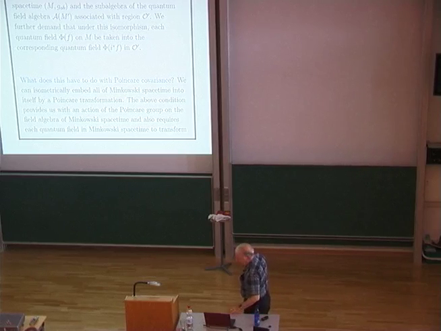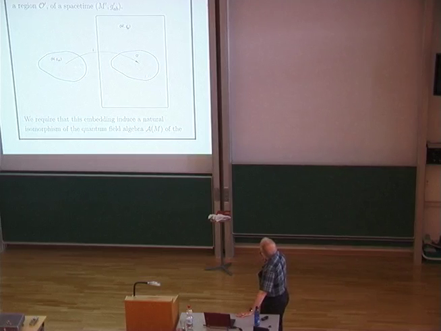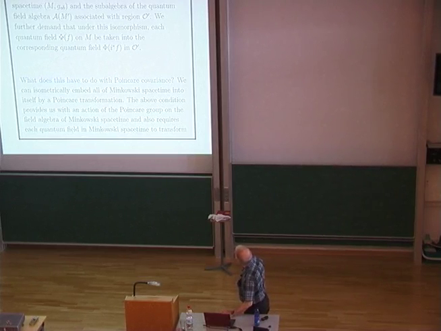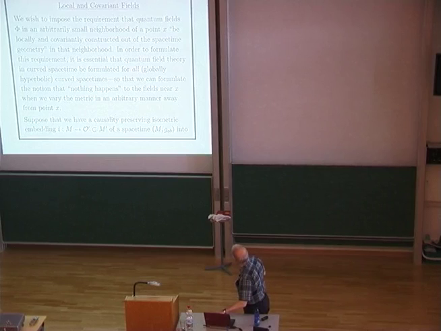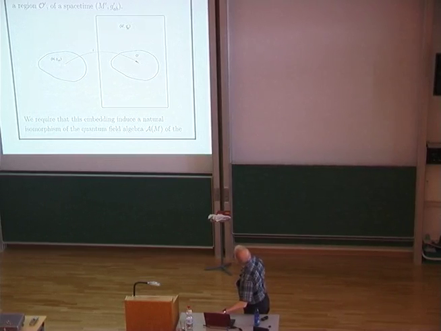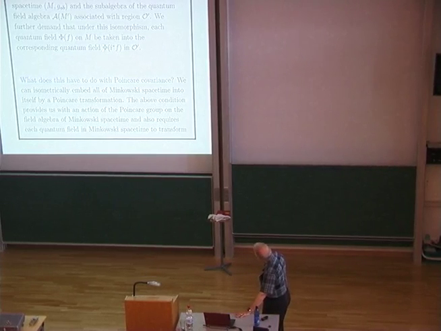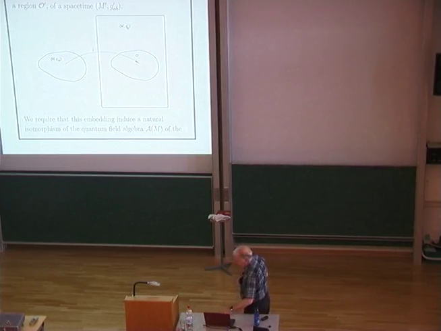We further want to demand that under this isomorphism of the algebras, which I'm assuming are being generated by quantum fields, we want this isomorphism to take the quantum field that we called phi of f over here to be carried into the quantum field with the same label, but with the test function being the push forward of the test function that we were smearing in with here.